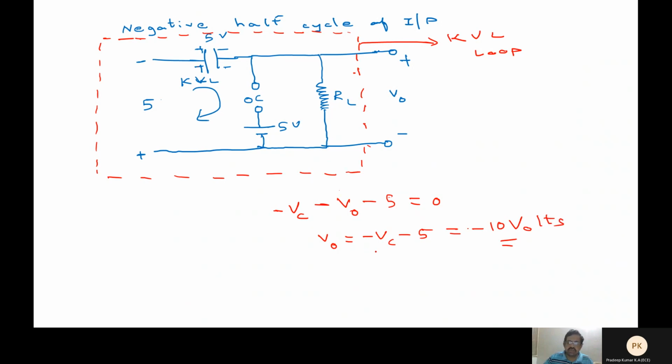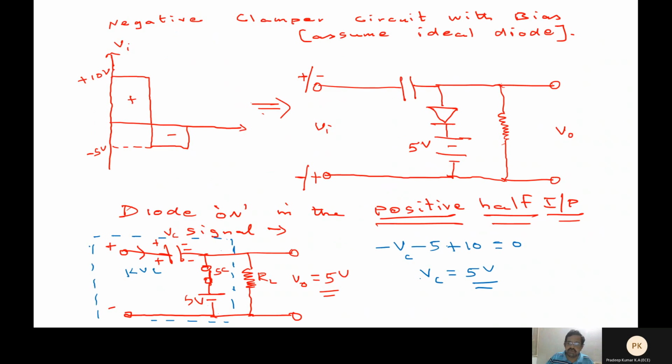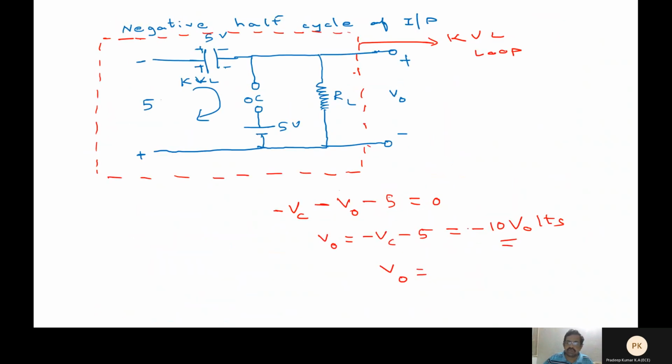Now we have got this in the negative half cycle. V0 in the positive half cycle, let us look at the value. We got V0 is 5 volt. So with this we'll draw the diagram. This is in the positive cycle, and this is in the negative half cycle.